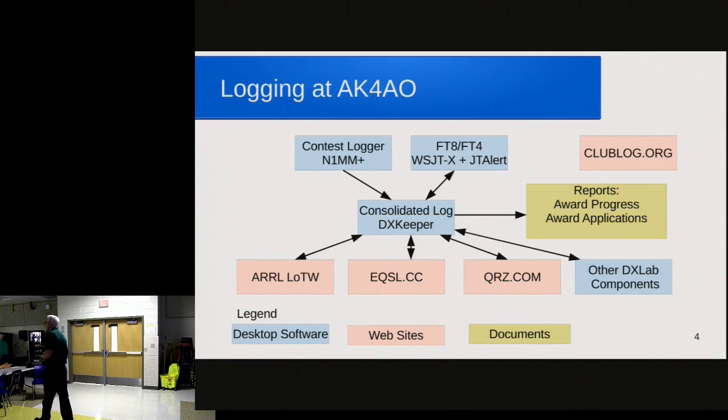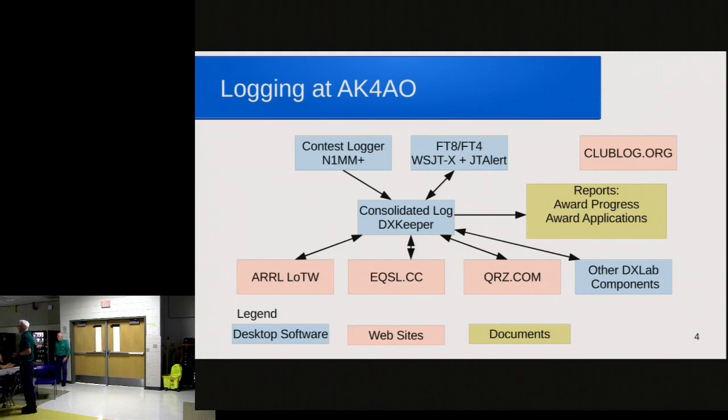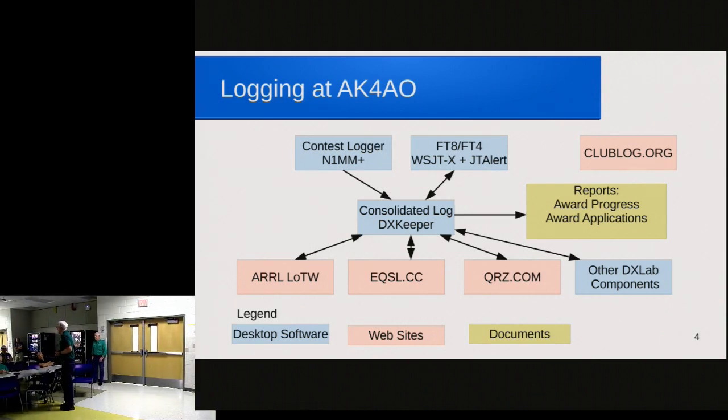You go into ClubLog and you go to the log of the station that you want to get the QSL from, and you enter your call sign, and it says, okay, looks like you had contacts on 15, 17, and 30 meters. And then you can push a button that says request QSL card.